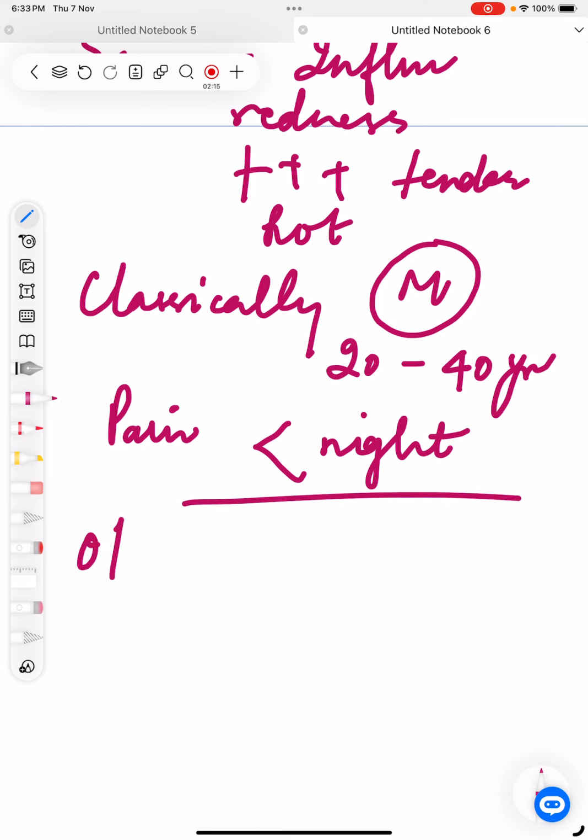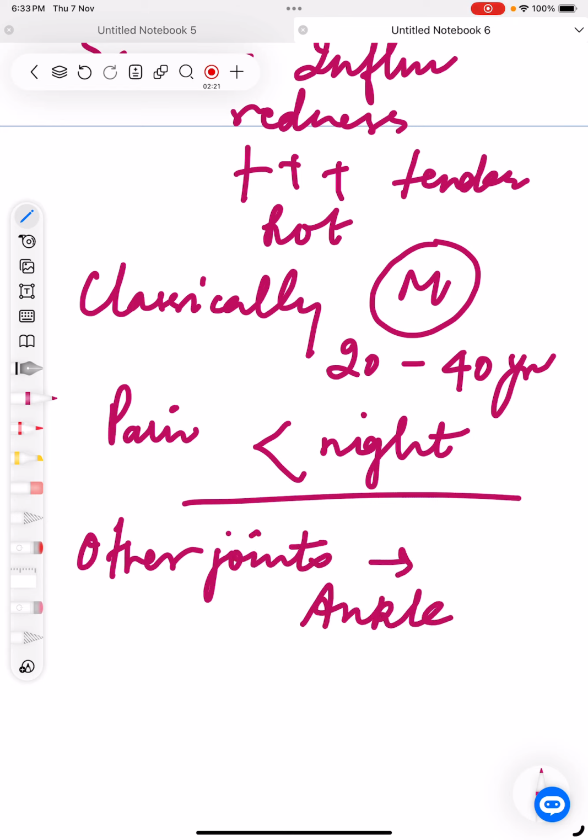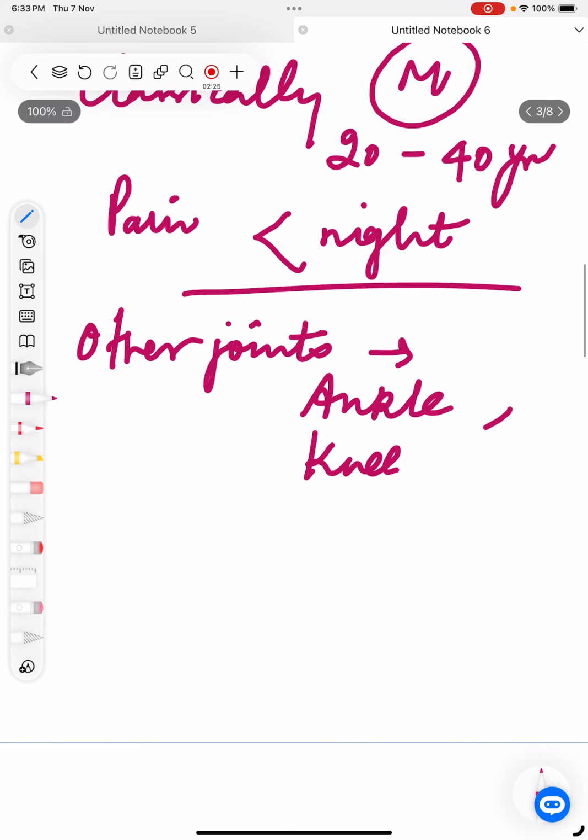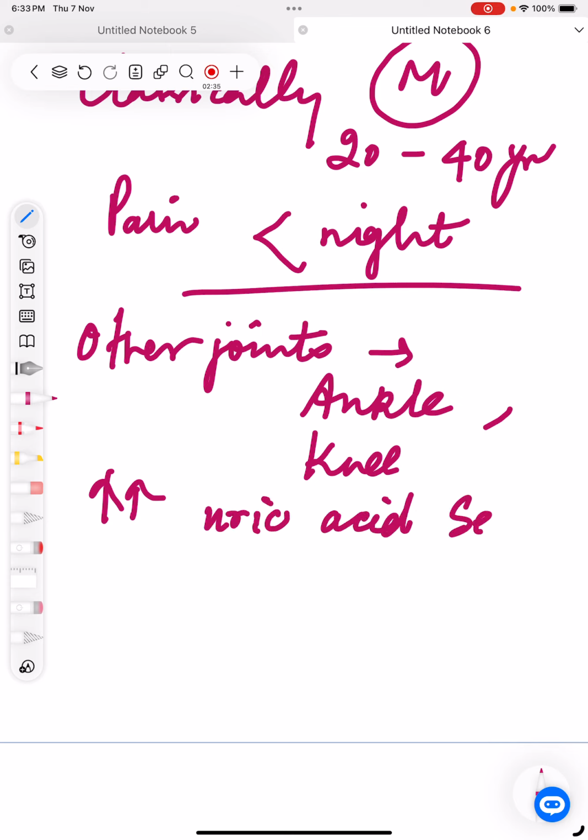Now, the other joints that you can see involved are the ankle joint and knee joints. Now, besides the inflammation, you can also see excess uric acid in serum tests.